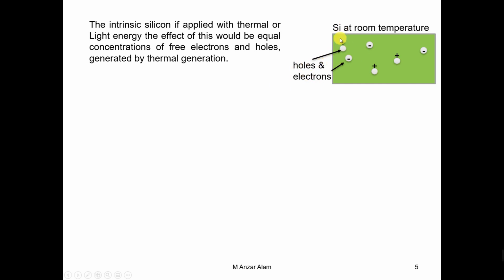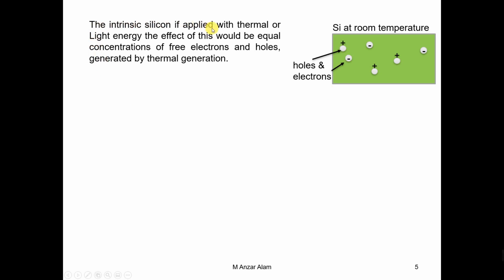This is the charge on the silicon nucleus, and this is the free electron. This should be very small compared to this one. Okay, but the figure is just a simplified figure. So we can see at room temperature, a silicon crystal can have holes and electrons.